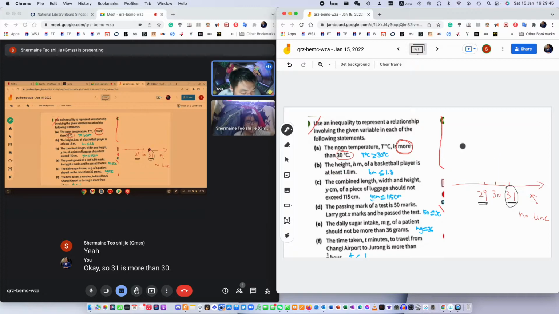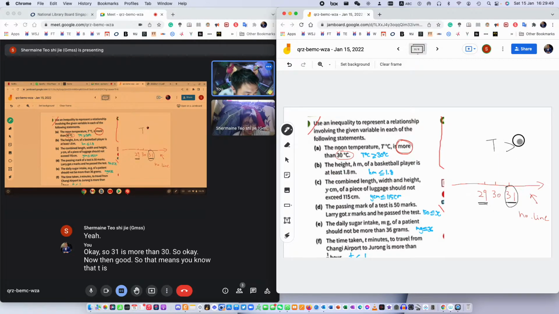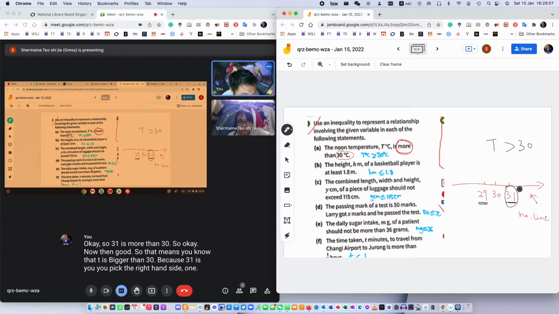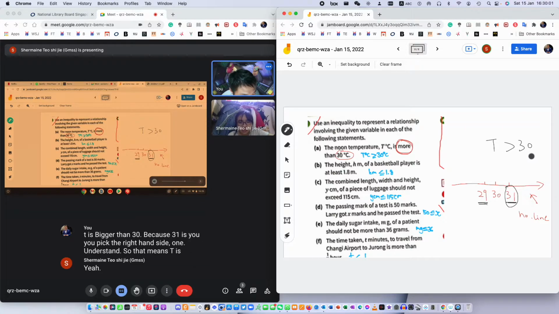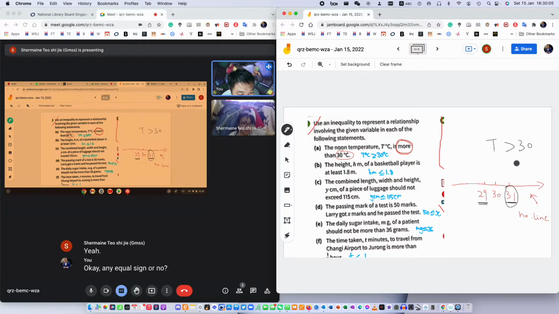So that means you know that T is bigger than 30, because 31 is the right hand side. You understand? So that means T is bigger than 30. Any equal sign or not? No. More than, so must be 31. Can it be 30 or not? Cannot. More than, right?